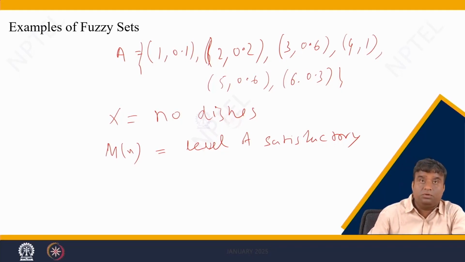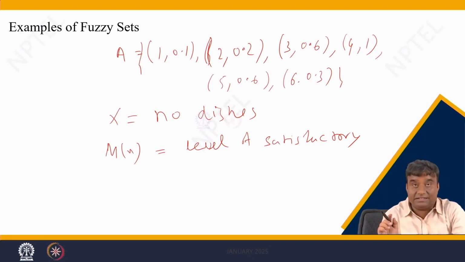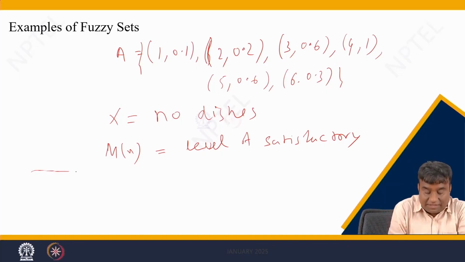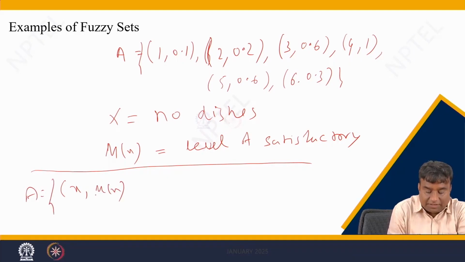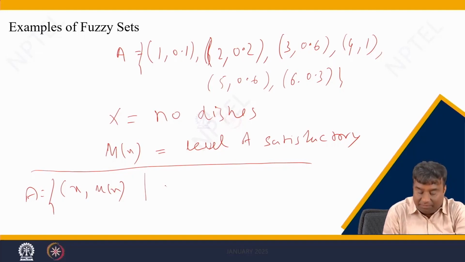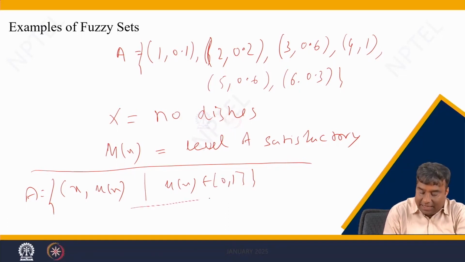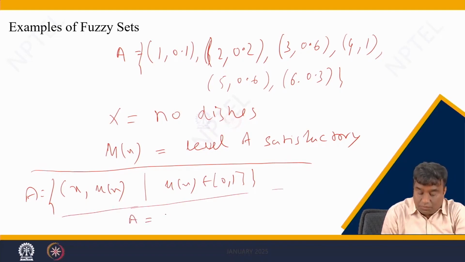Now there are two ways to write fuzzy sets. One is writing the fuzzy set as pairs x, mu x, where x is the element and mu x is the membership function, which lies between 0 and 1. Another notation is to write the fuzzy set A as the summation of mu x by x.